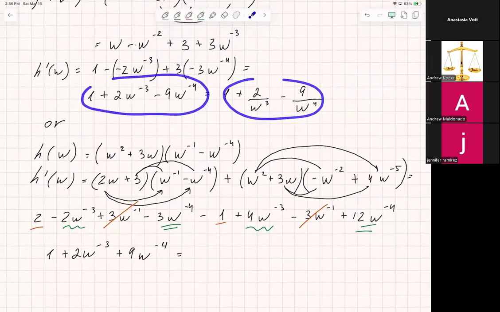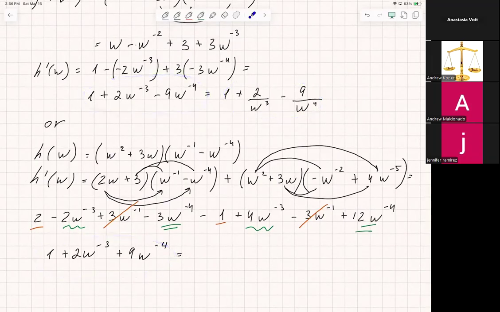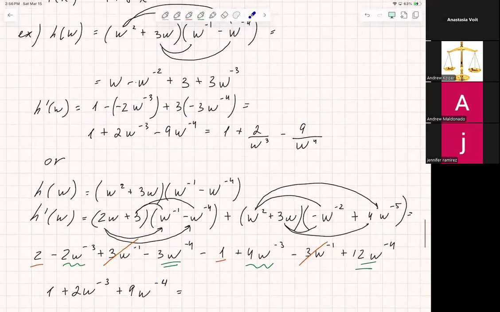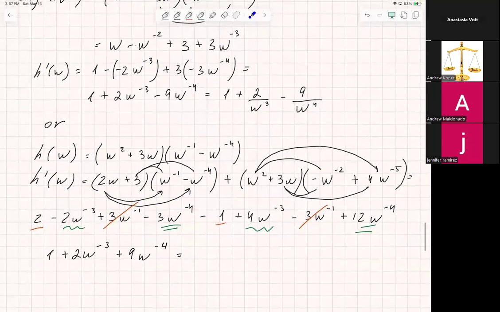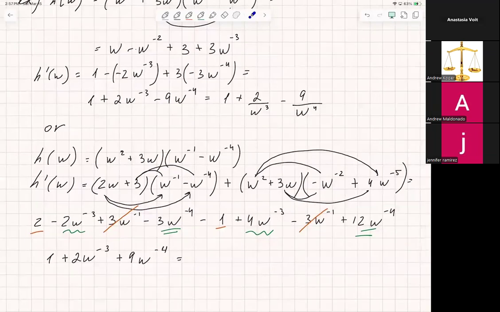So these expressions are the same, which they should be, because we just use different ways to find the derivative. Here we use the power rule, here we use the product rule, and you choose yourself, whichever you like more.